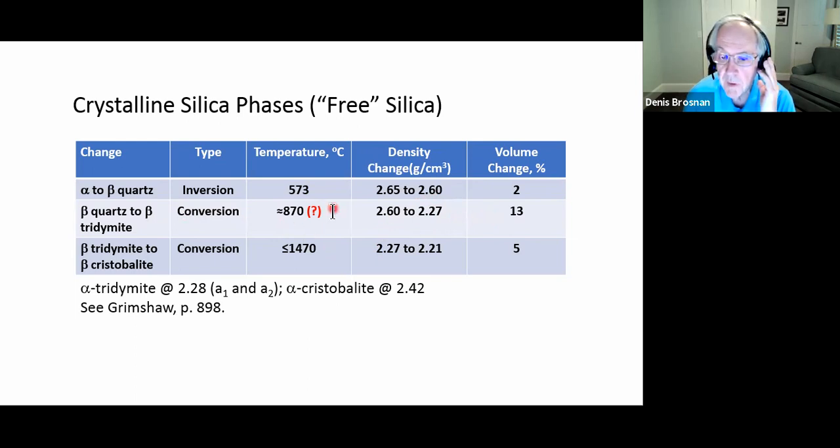Now, of course, I've said about 870 because that's the theoretical number, and I put a question mark here because a lot of times the conversion from tridymite up to the next form, cristobalite, is very quick.